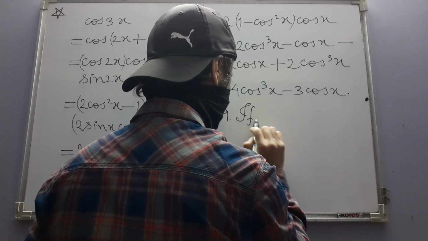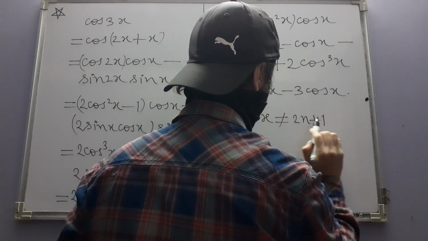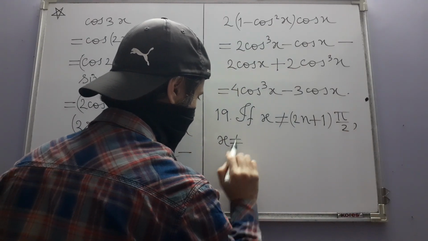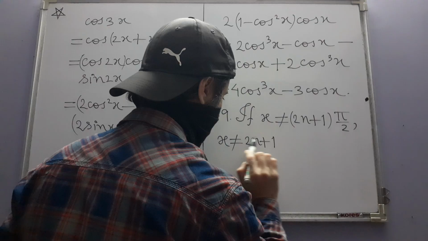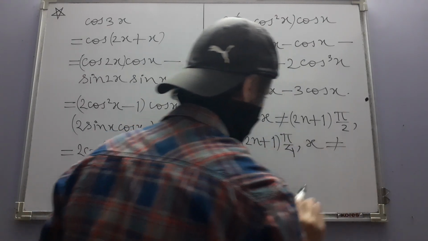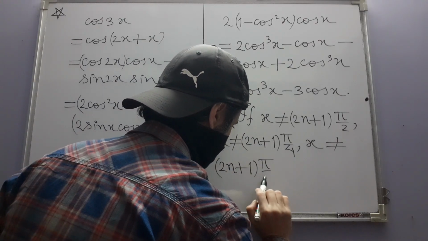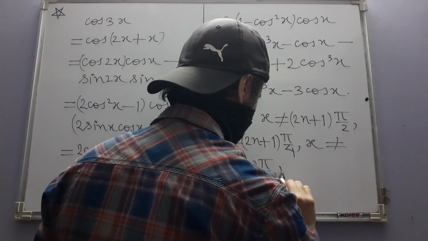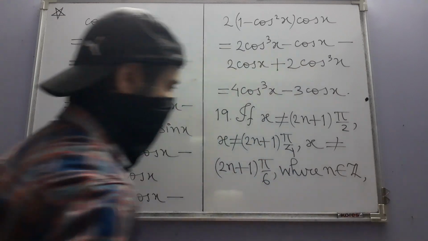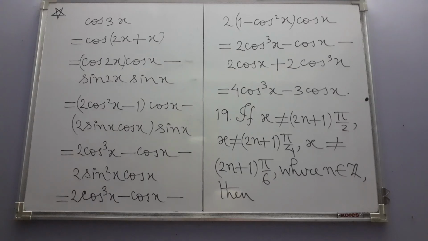If x is not an odd multiple of pi over 2, x is not an odd multiple of pi over 4, and also x is not an odd multiple of pi over 6, where n is an integer, then, so many conditions, you will understand why.